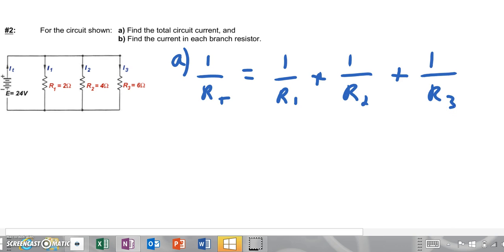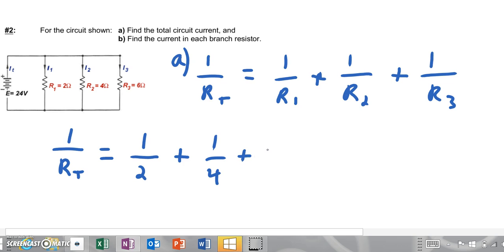Now, there's several ways to do the reciprocal formula. Reed's textbook often uses math that's relatively old for the new calculators that we have these days. And so they will use a common denominator to solve the addition of 1 over 2 plus 1 over 4 plus 1 over 6.